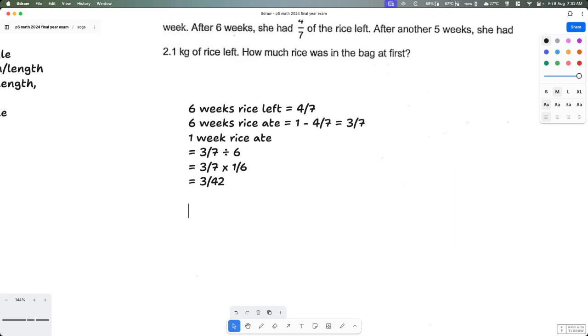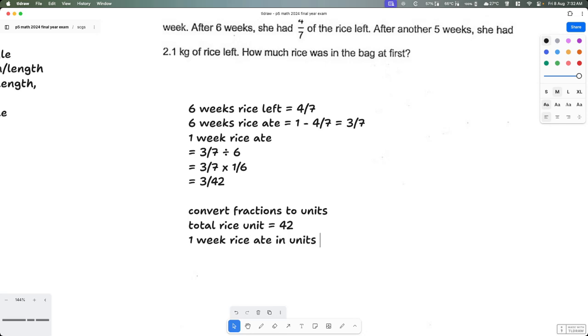Okay, so usually what I like to do is convert fractions to units. So that means total rice unit is equal to 42. And then 1 week of rice ate, in units, is equal to 3, right? 42 units and 3 units.